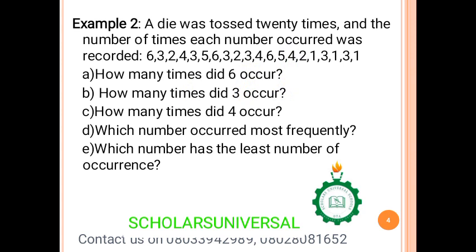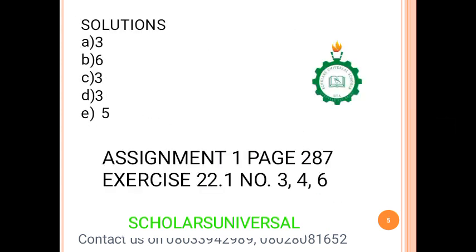How many times do you have 5? 1, 2. So if you look at all the numbers I've counted, only 5 appears twice, so it has the least number of occurrences. Can you see? These are the values.